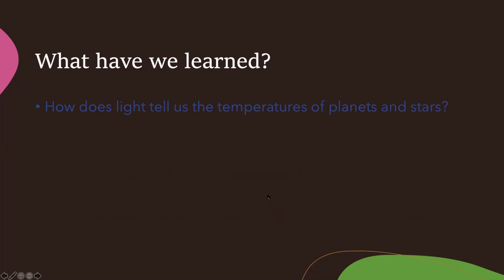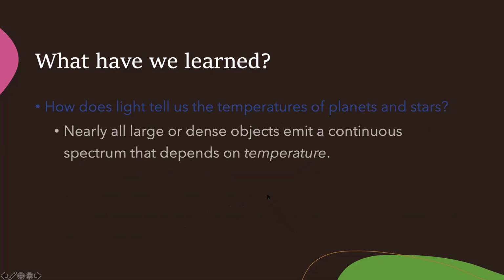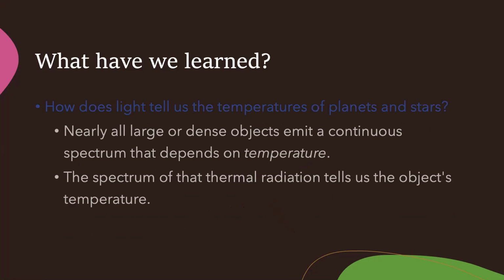Right. How does light tell us the temperature of planets and stars? Well, the fact that all stars typically emit a continuous spectrum, coupled with the peak radiation, right, and sort of the thermal radiation laws of black body radiation that we talked about earlier, we can figure out, based on the star's color, what its peak wavelength would be.